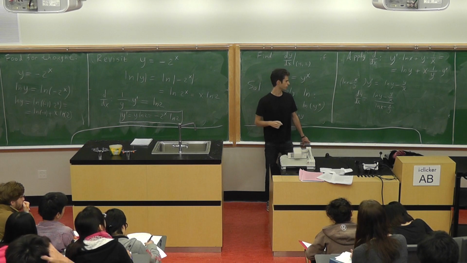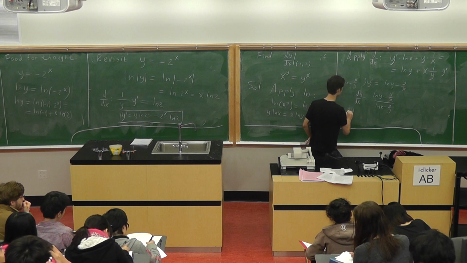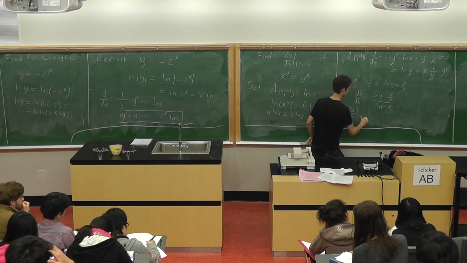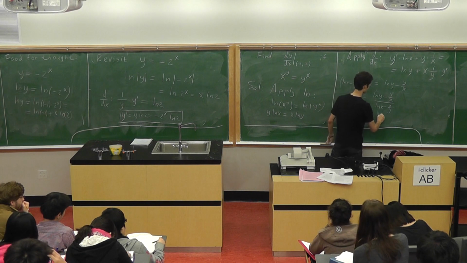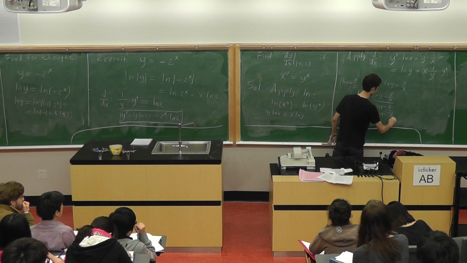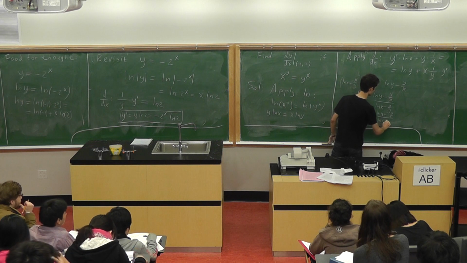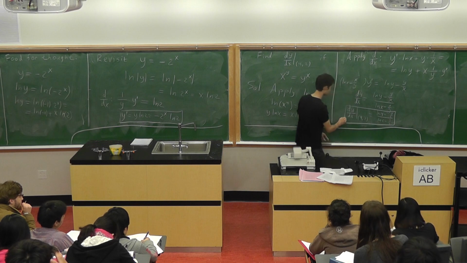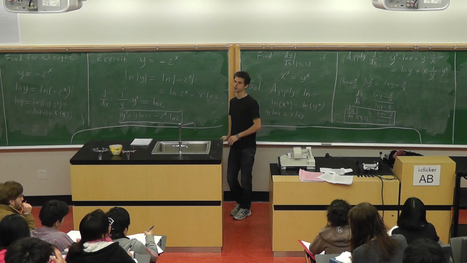So at the point 4, 2, you get the derivative is ln 4 minus 4 over 2 divided by ln 2 minus 2 over 4.